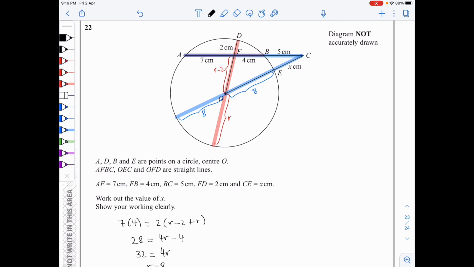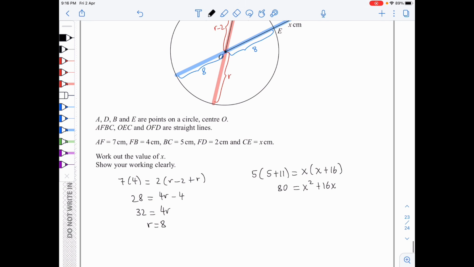So let's see, 5 times 5 plus 11 is x times x plus 16. So 5 times 16 is 80, equal to x squared plus 16x. I'm just going to collect everything on the right hand side, leading to x squared plus 16x plus 80, minus 80 being 0.